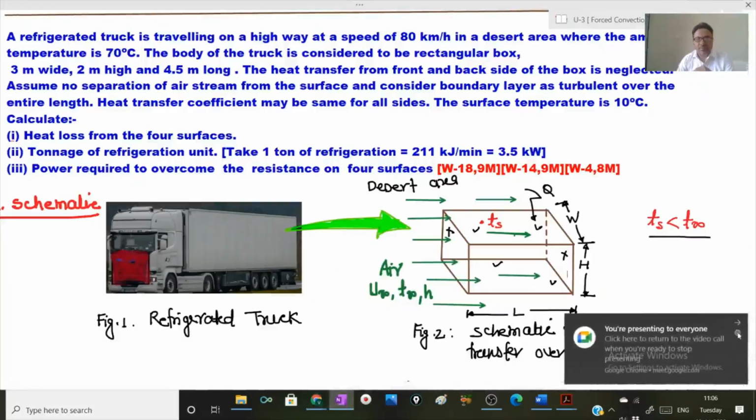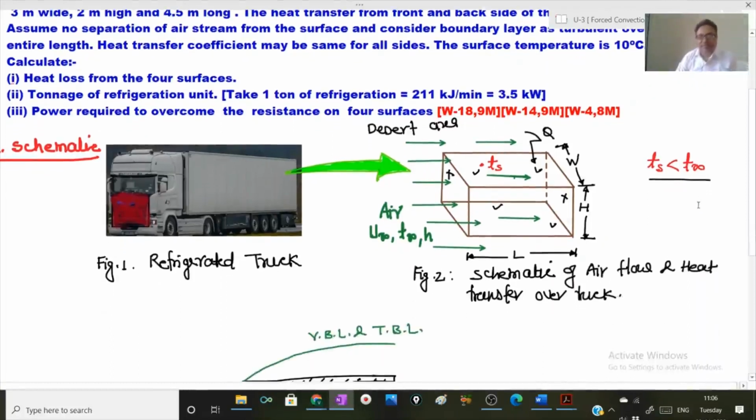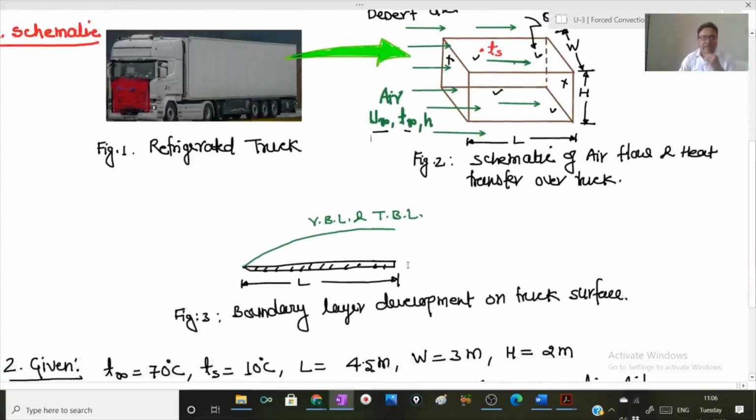So this is the required schematic. Now when the air with temperature T infinity and velocity u infinity is flowing over this truck body, there will be development of velocity boundary layer and thermal boundary layer on the truck surface.